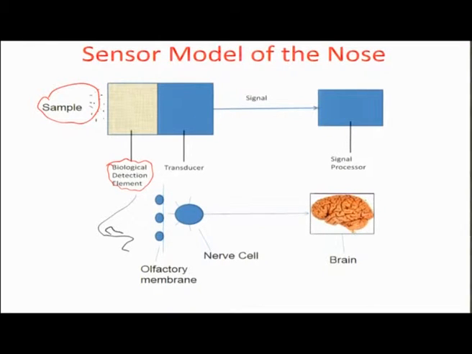Then transduction is the result of several such electron exchanges, which go through a nerve bundle into the signal processor. In this case the brain is the signal processor, and the nerve cell is responsible for all the charge transport. It is a part of the central nervous system corresponding to certain chemical reactions on the olfactory membrane. Okay, so that is how you can lay out the sense of smell.